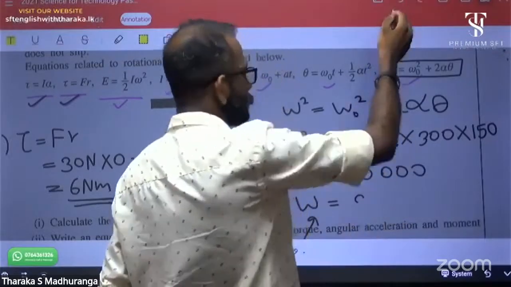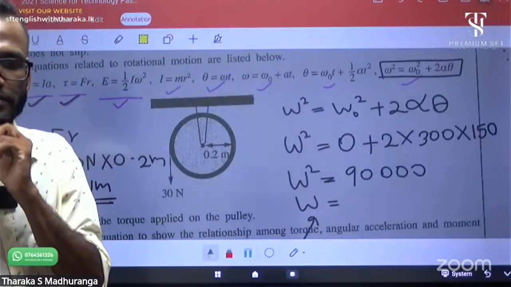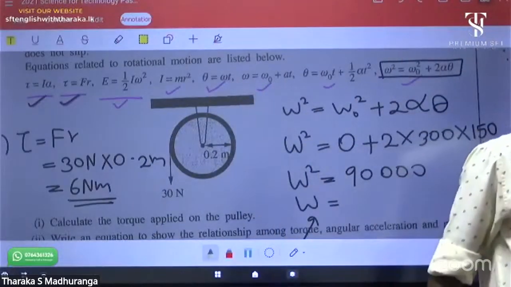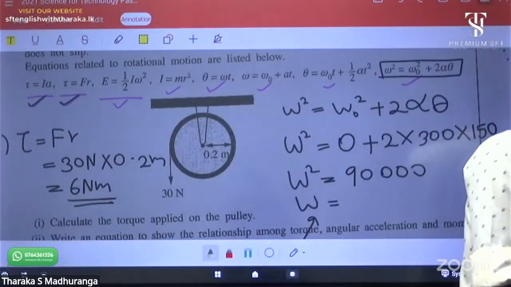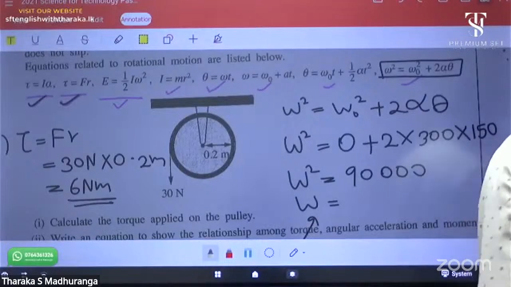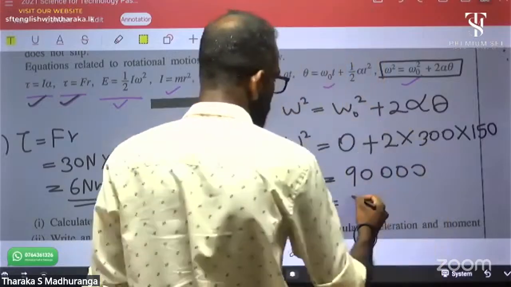What is the value? It's 90,000, right? Yes, 90,000. The square root of 90,000 is 300.